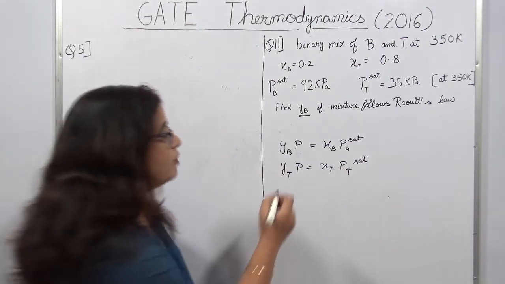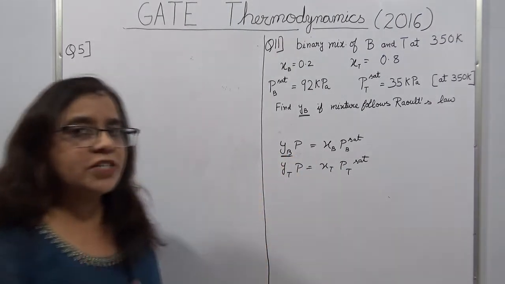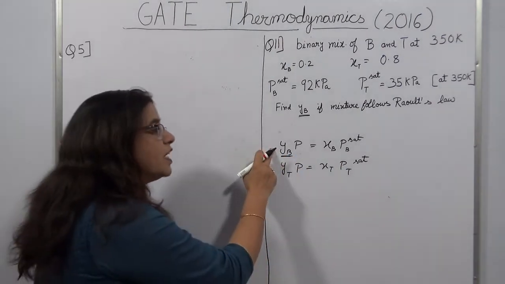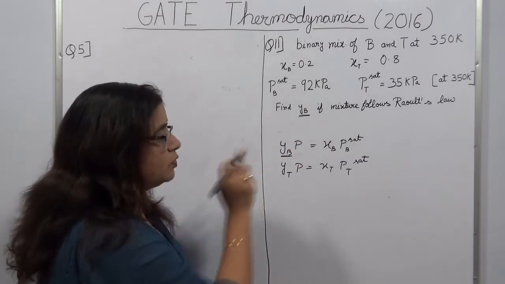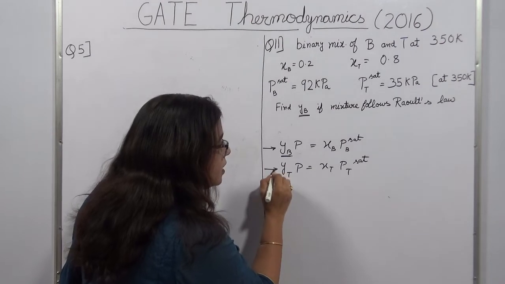Now I have written my Raoult's law for benzene as well as toluene. I have to find yB, so I will use this equation, but however the total pressure is not given. So first I will have to find total pressure using these equations. So what I will do is add this equation and this equation.